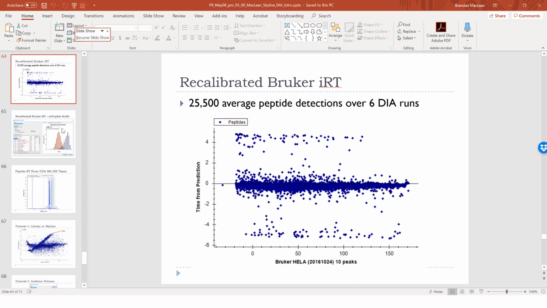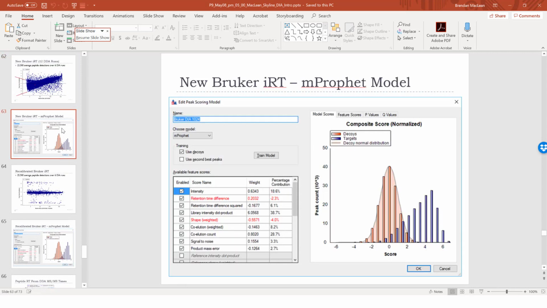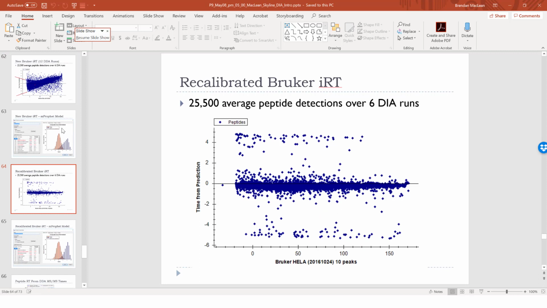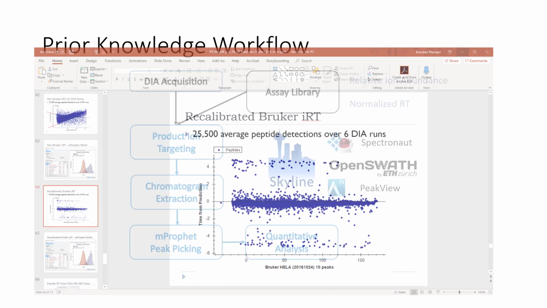I like to think that I improved how Skyline does iRTs from here to here, and I'm not sure that work has happened in SpectraST, but certainly SpectraST produces usable results, and I think Ben's pan-human library is a great example. So, all right.